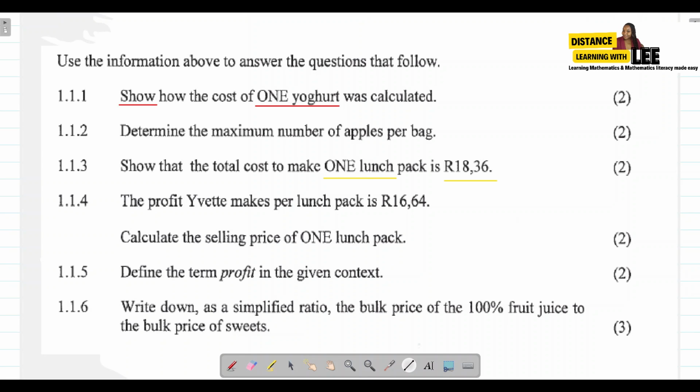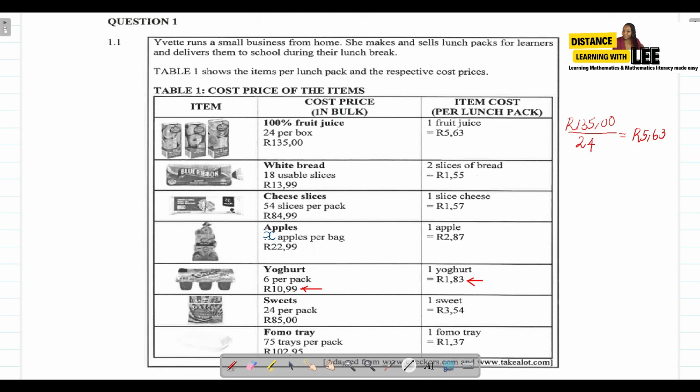We're going to look at all the items that Miss Yvette puts into a lunch pack. She puts 1 fruit juice, then 2 slices of bread, then 1 slice of cheese, then 1 apple, then 1 yogurt, then 1 sweet, and then obviously 1 formal tray.